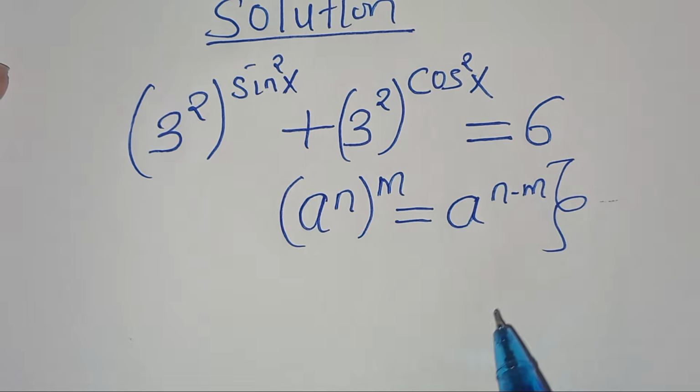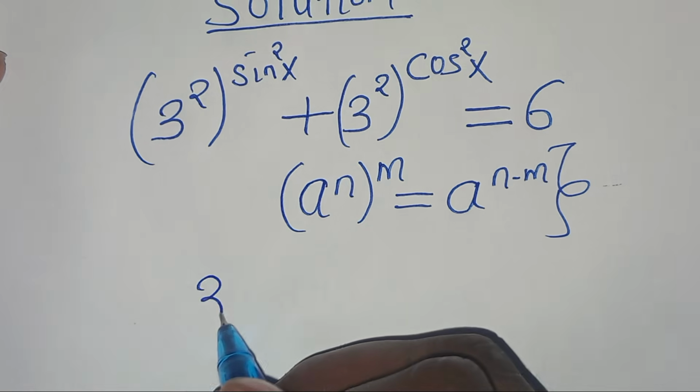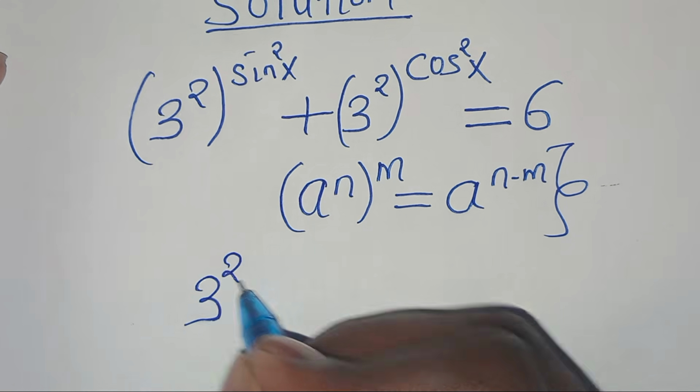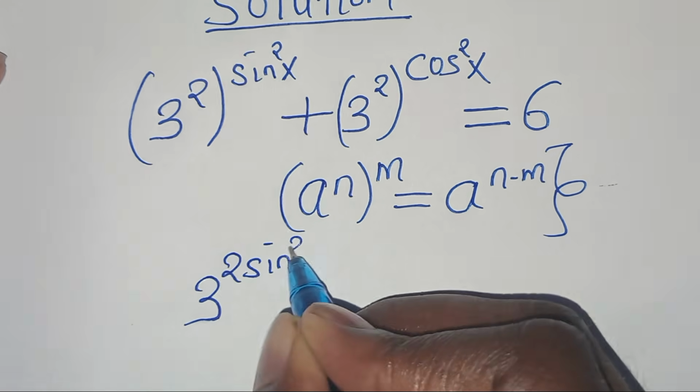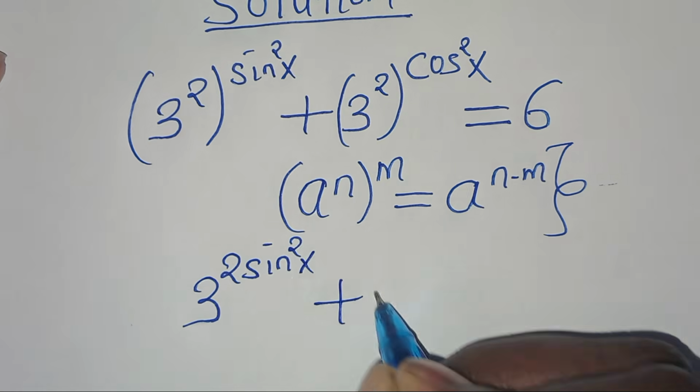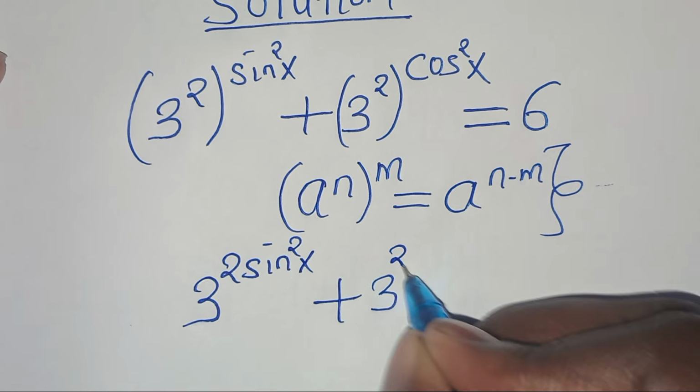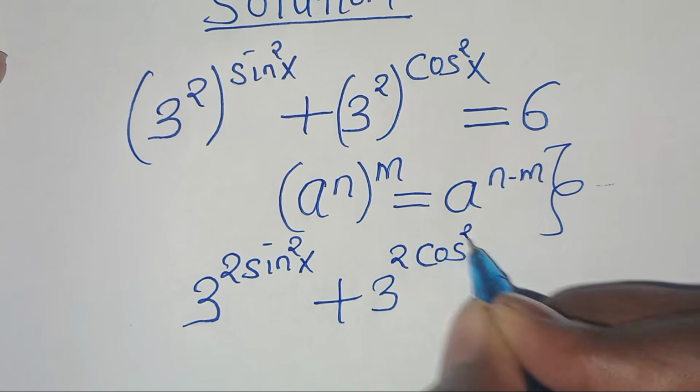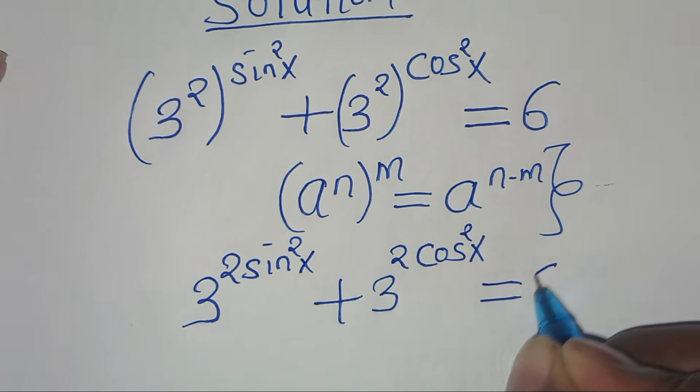Applying this exponent property, we have 3 raised to the power of 2 sine squared x plus 3 raised to the power of 2 cos squared x. This is equal to 6.